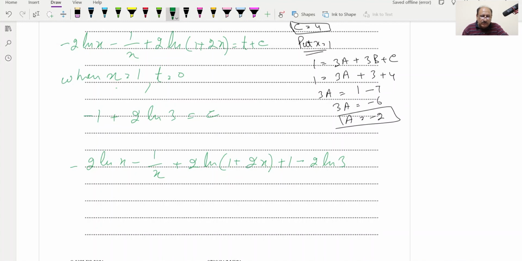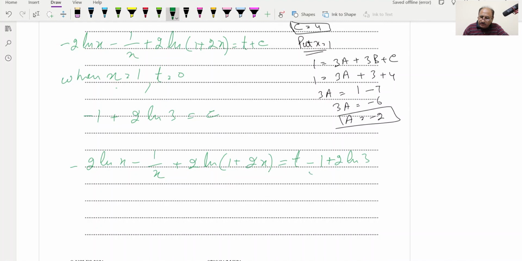Basically we have shifted this, so this will be equal to t. What we can do, we can write this one equal to t minus 1, we will replace this value, then we will shift, so plus 2 log of 3, this is the c value which we have replaced.